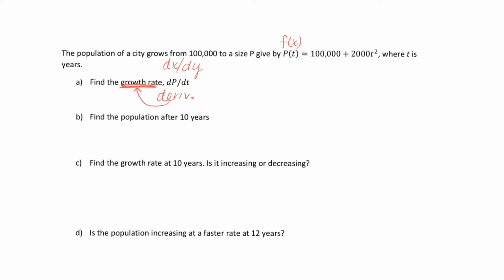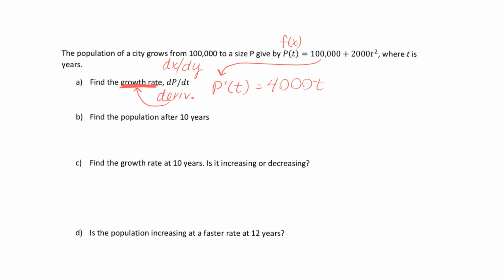So this formula that we're going to find is going to tell us about the growth rate. So to do that, we're going to take our original function and we're going to find the derivative. The derivative is going to be P prime of t. The derivative of 100,000 is nothing. The derivative of 2,000 t squared is 4,000 t.